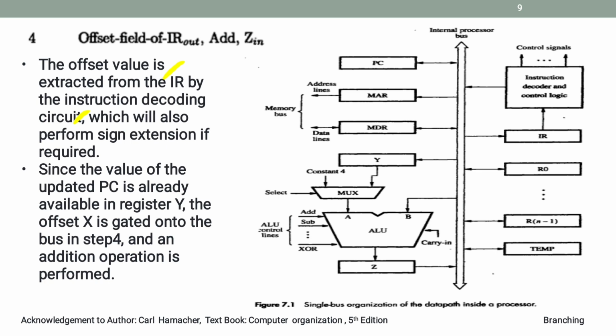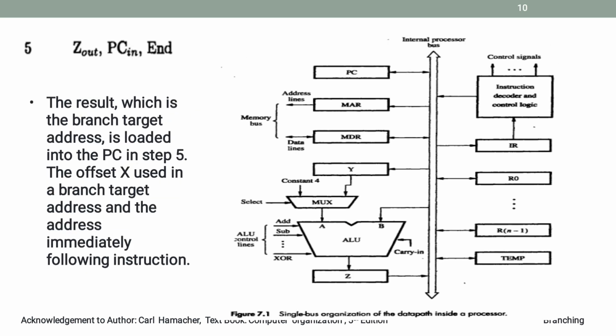Since the value of updated PC is already in Y, the offset X is gated onto the bus in step 4 and an addition operation is performed. In step 5, the result, which is the branch target address, is loaded in PC. The offset X is used in the branch target address and the address immediately following the instruction.